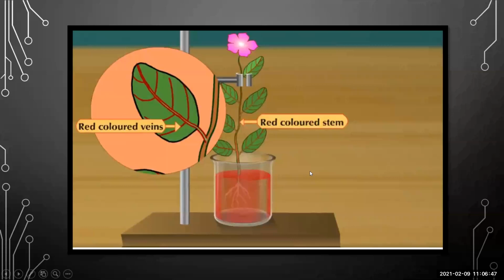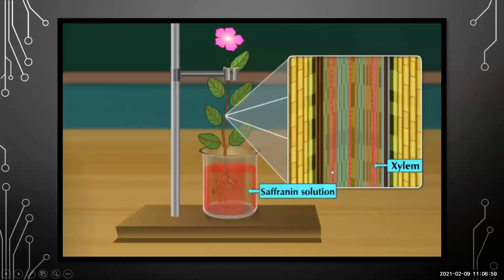So from this we can say that water will be absorbed by the plants through the roots, and it will move in the upward direction. Okay, this is the safranin solution which is red in color. If we take a transverse section of this and see it in a microscope, we can see the xylem turns red in color.